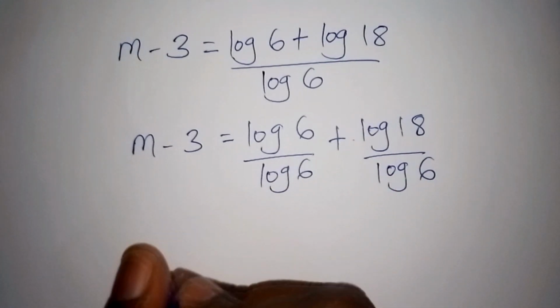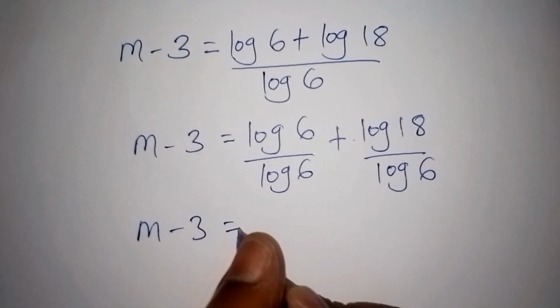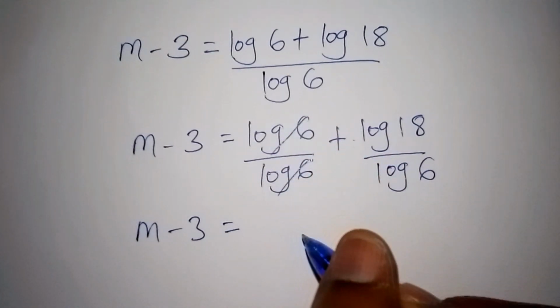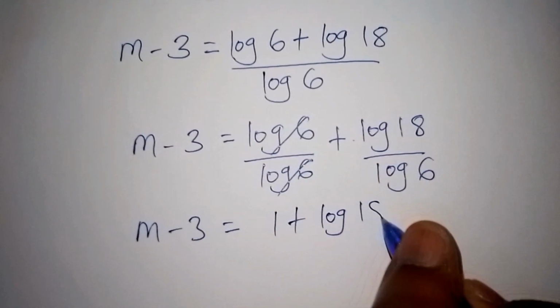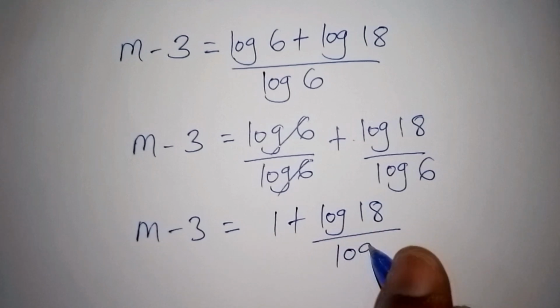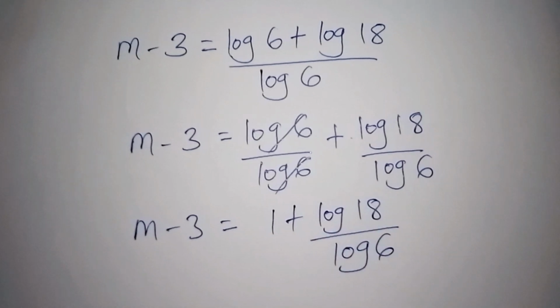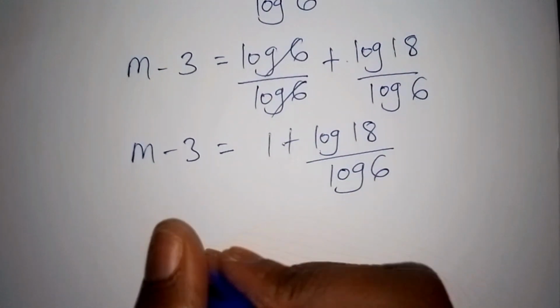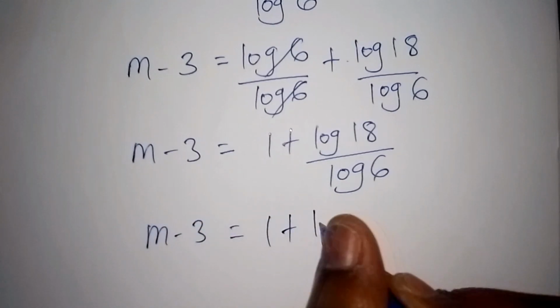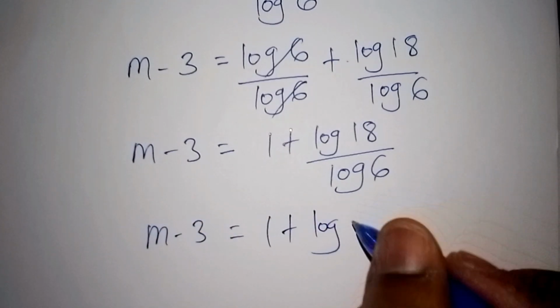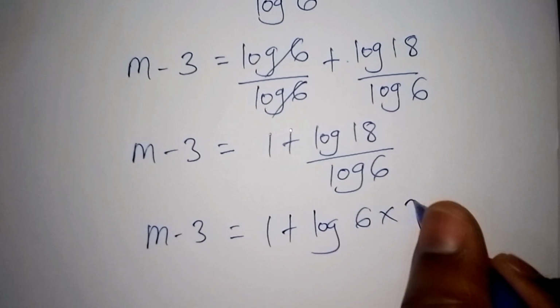Now m minus 3 is equal to, the log of 6 and the log of 6 shall cancel, so we shall have 1 plus the log of 18 all over the log of 6. The log of 18 can also be written as the log of 6 multiplied by 3.